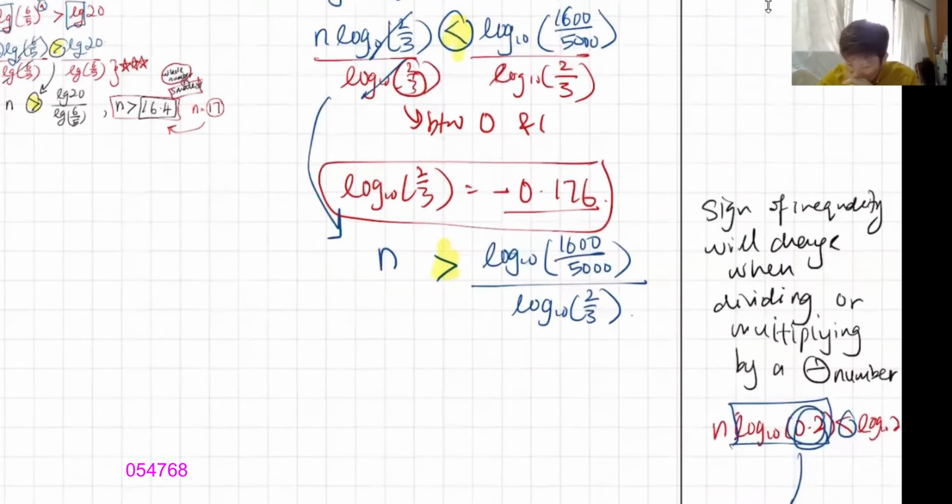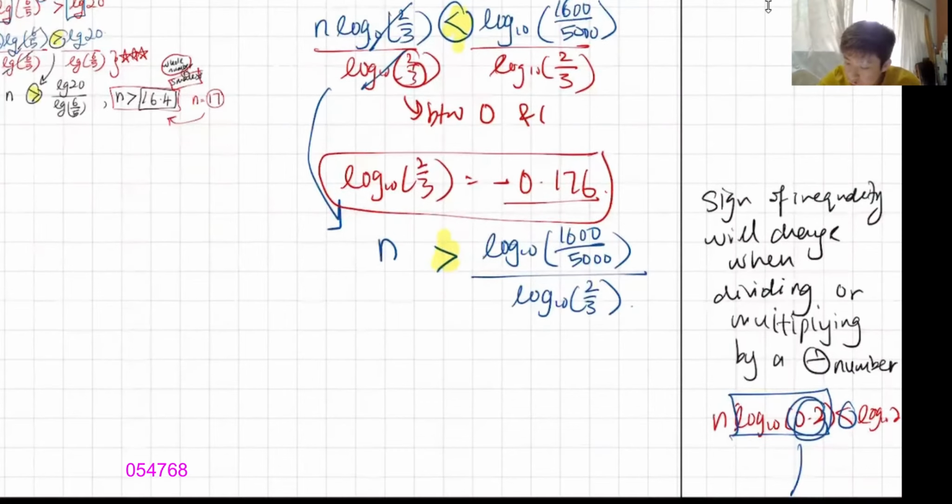Knowing that this is negative, I just change the sign. Other than that, you just solve normally, like how you do normally in your calculator. So you get n is greater than, let me check, 2.81, I think. If I didn't calculate wrongly, you get 2.81.